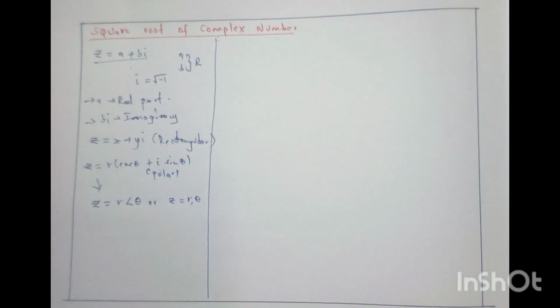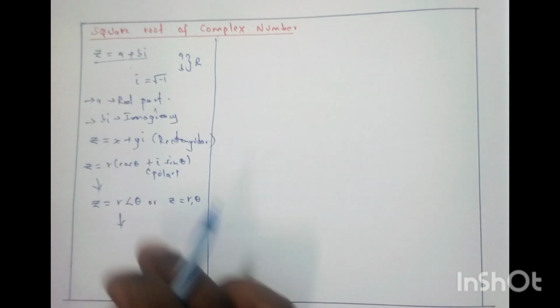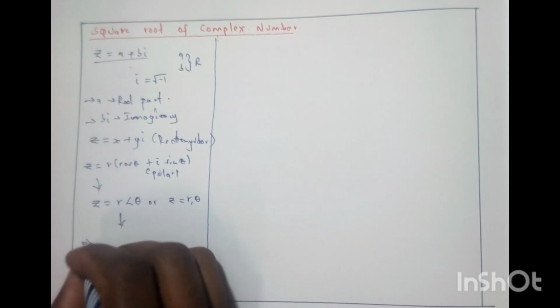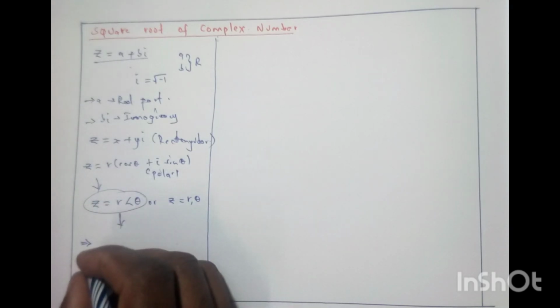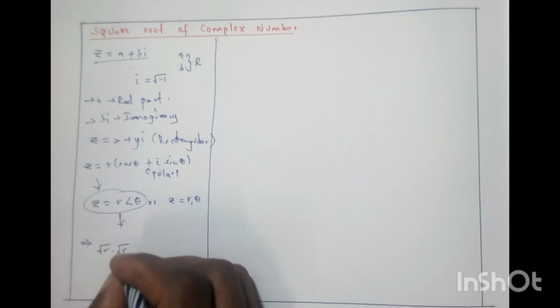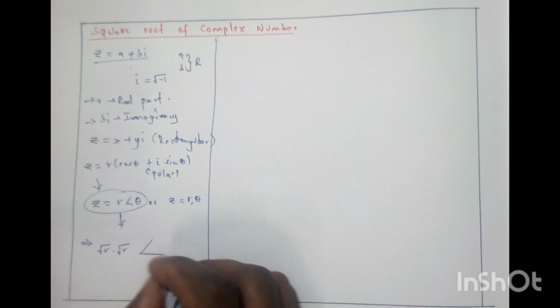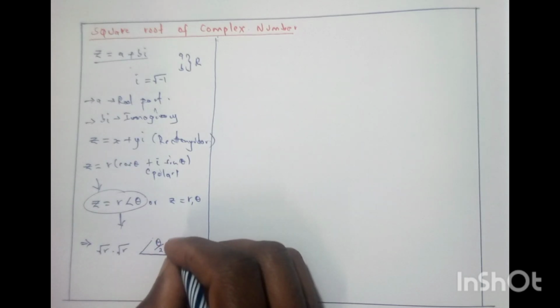From this particular case, we can derive a way of representing the square root of a complex number by having this particular expression. We can use either of these, but we can have this first one, implying that this particular representation is a derivation of a number that was given as the square root of r, and then this is going to represent an angle of half theta.